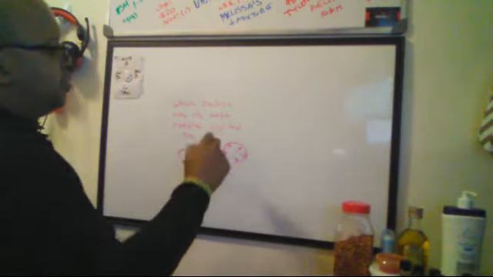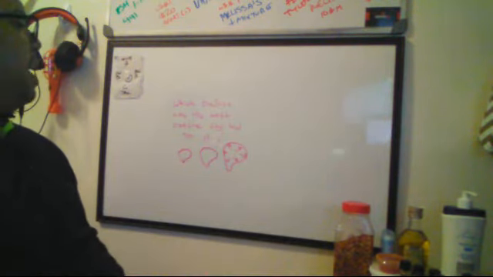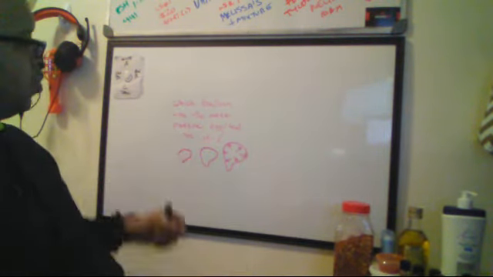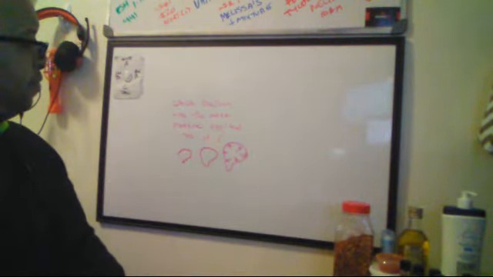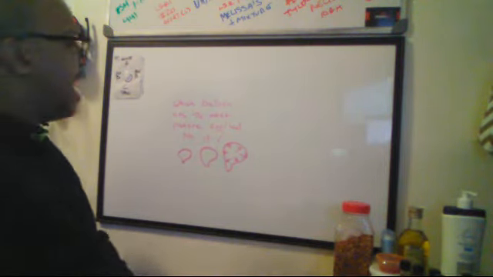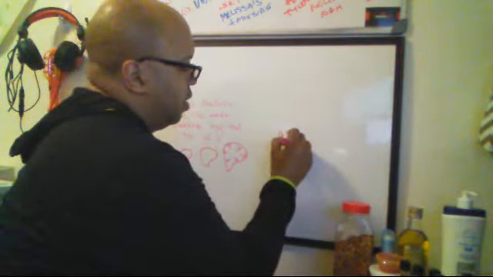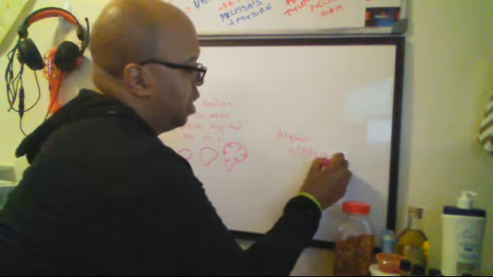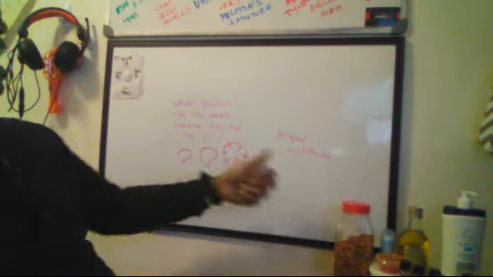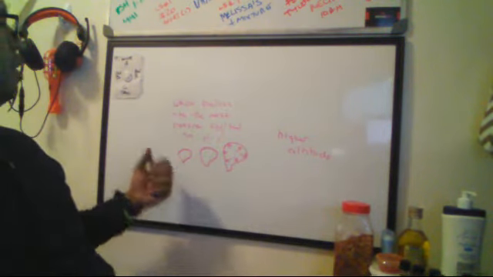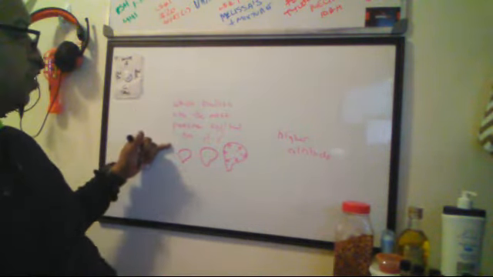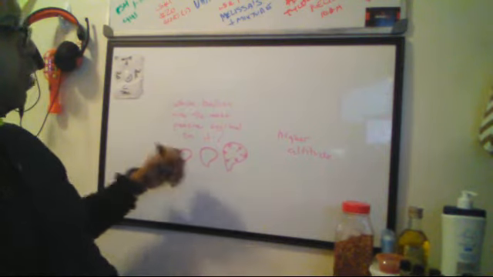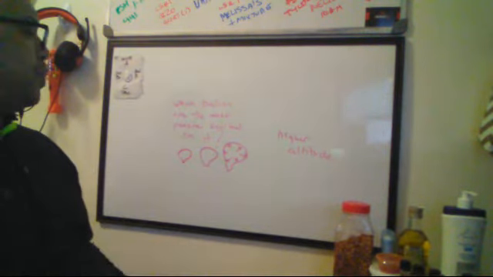All right, so which balloon has the most pressure exerted on it? And another way, it will say, which balloon is at a higher altitude. Higher altitude. All right. So the question has been asked more than one way. Which balloon has the most pressure exerted on it and which balloon is at the higher altitude.